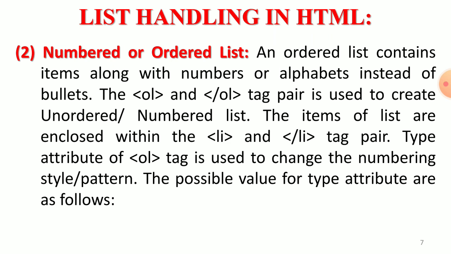Next is an ordered list, that means number list. An ordered list contains items along with numbers or alphabets instead of a bullet. The OL and /OL pair tag is used to create an ordered or number list.